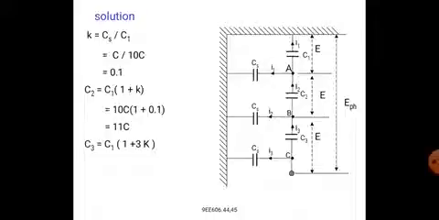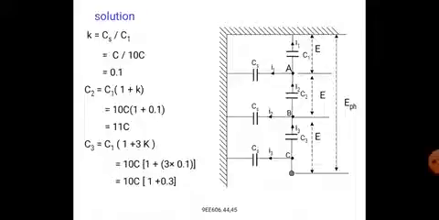And similarly C3 is equal to C1 into 1 plus 3K, that is C1 plus 3KC1. So C3 is equal to C1 into 1 plus 3 into 0.1, that is C1 plus 0.3C1. So C3 is equal to 1.3C1.